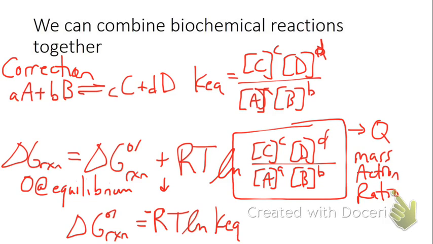In living biological systems, we don't ever want to officially reach equilibrium, because we don't want our Q here to equal KEQ there. There are a variety of reasons for that. One is that if we reach equilibrium, the push of things through metabolism is no longer there, and our metabolism will stall out.